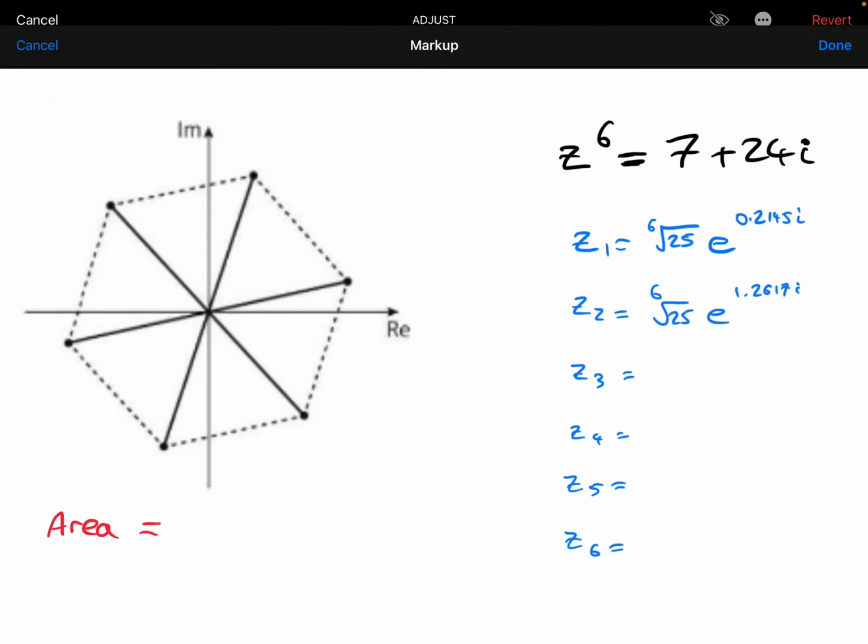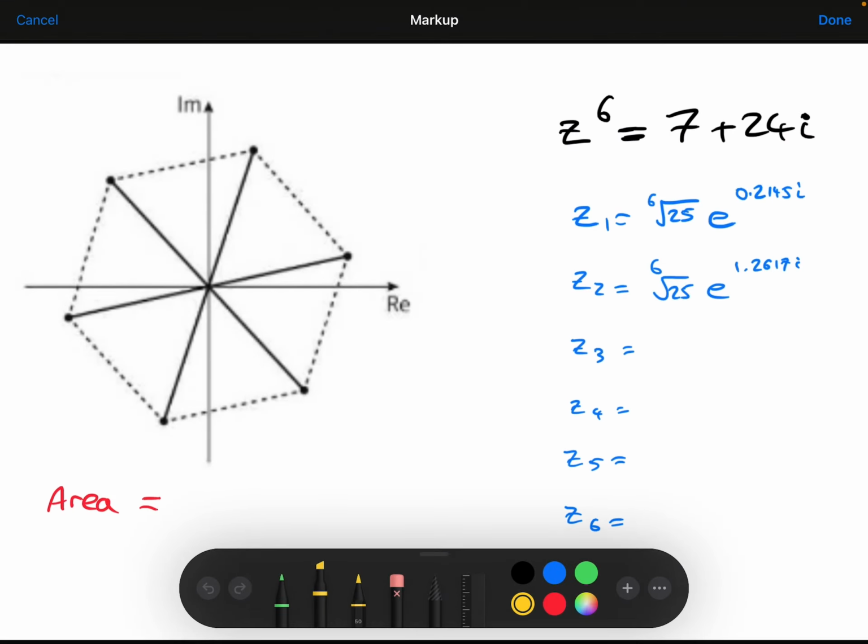For example, in this question here, we had the roots of the equation z to the power 6 is equal to 7 plus 24i. I've worked out the first couple of the roots of that equation as being the 6th root of 25 times e to the minus 0.2145i.